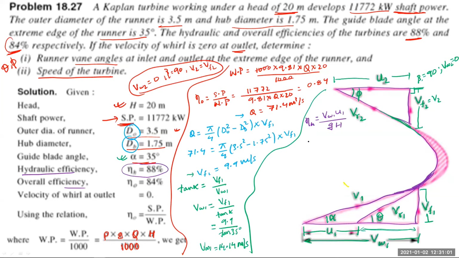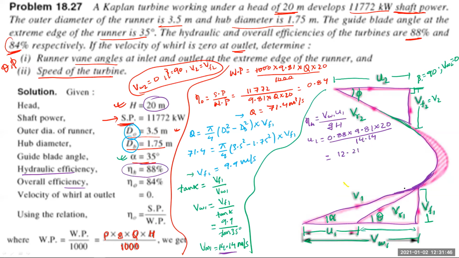So U1 equals eta H, 0.88, into G, 9.81, into capital H, given here as 20 meter, divided by VW1, which I just calculated as 14.14. After solving this, you will get the value for U1, the peripheral velocity: 12.21 meter per second.